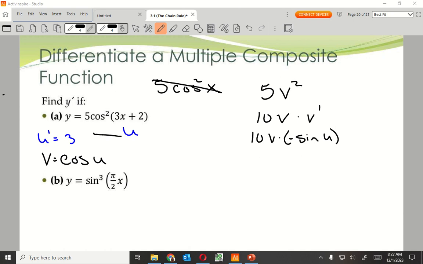What else do we have? U prime, right? U prime is going to give me 3. And that's the reason why we're using multiple variables, so we can actually see as it goes. So I have a v, v prime, u, u prime.